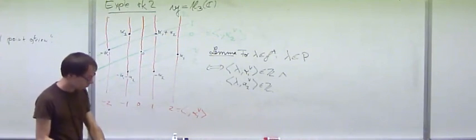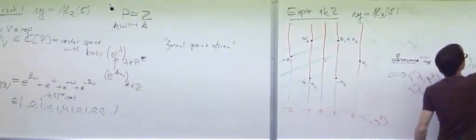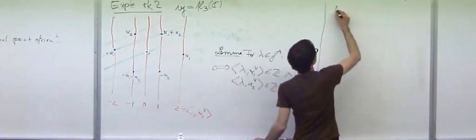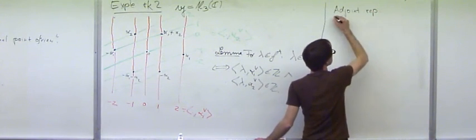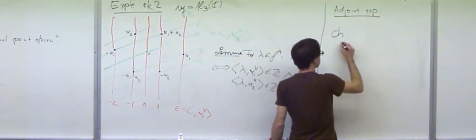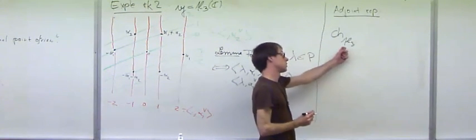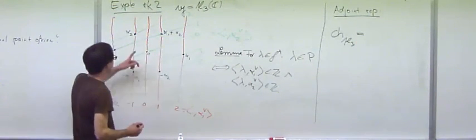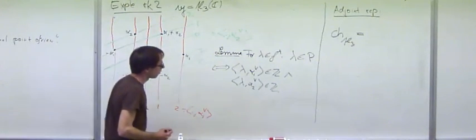So what's a character? First, let's write down the character of the adjoint representation. So I write the character of SL3, seen as an SL3 module by the adjoint representation. We know these are the roots. So these are weight spaces, and they all have dimension 1.